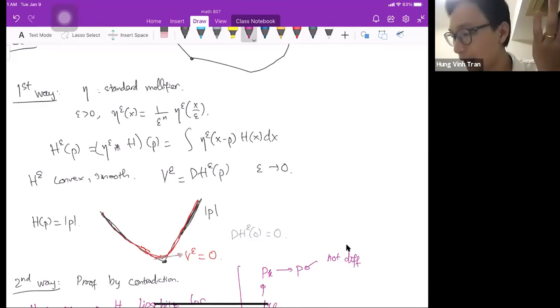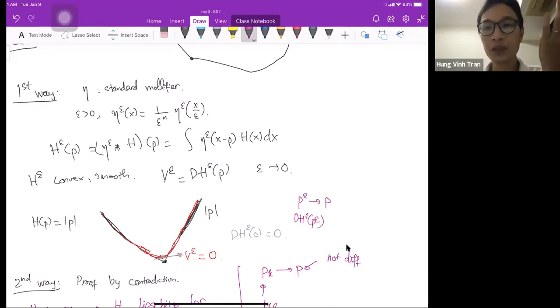But there are other ways you can also use that. You can take P epsilon converging to P and take dH epsilon of P epsilon. You take all possible subsequential limits.